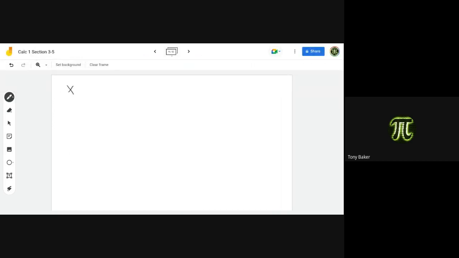So I have x to the third plus y to the third equals 6xy, and y equals x squared over 2.